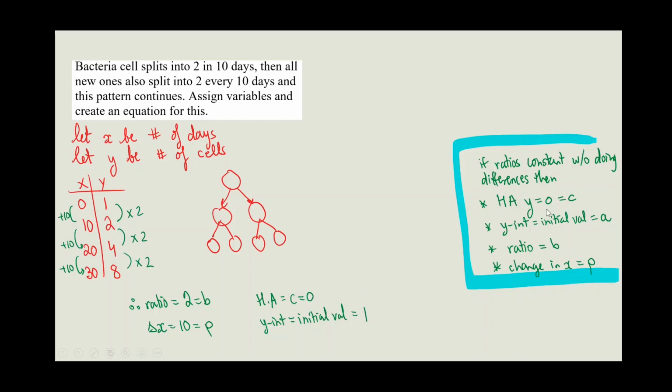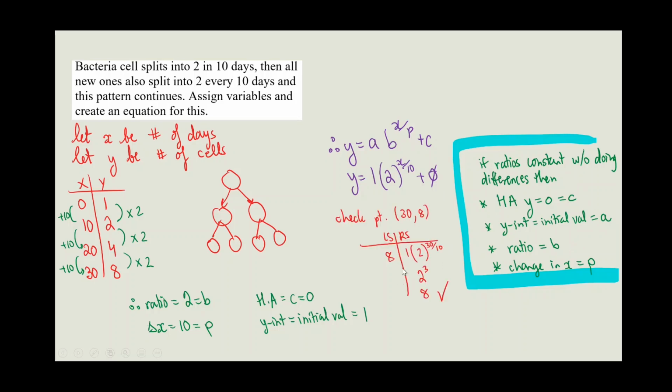And then our last part is the y-intercept is actually going to be our initial value. How many cells did we have at x equals 0? We had only 1, so that's the 1. So if you put everything in together, you're pretty much done. There are no points to substitute knowing this summary over here. And of course, you can check using a point to see if it actually matches.